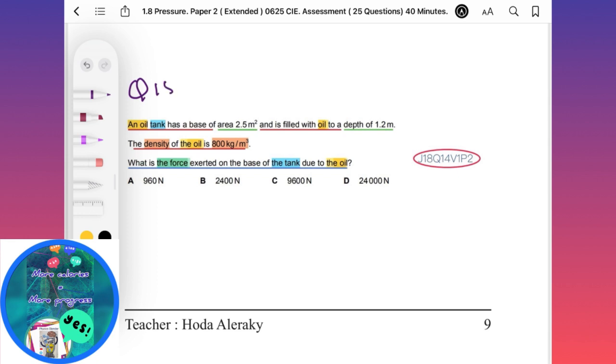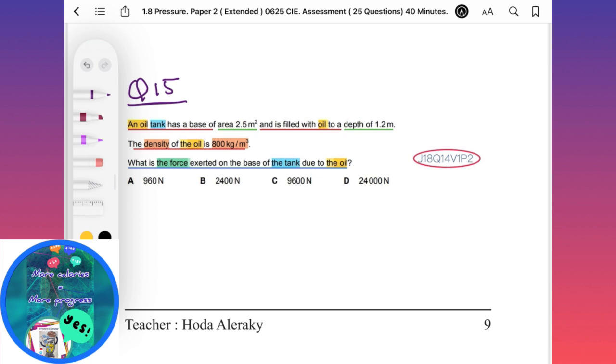Question 15, an oil tank has a base of area 2.5 square meters. It is filled with oil to depth 1.2 meters. The density of oil is given. You have to find the force exerted on the base of the tank due to the oil.